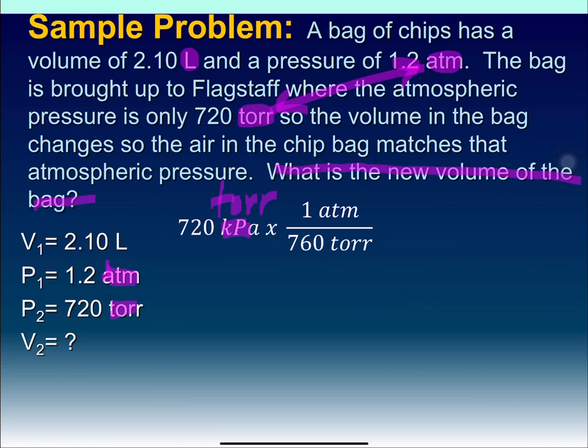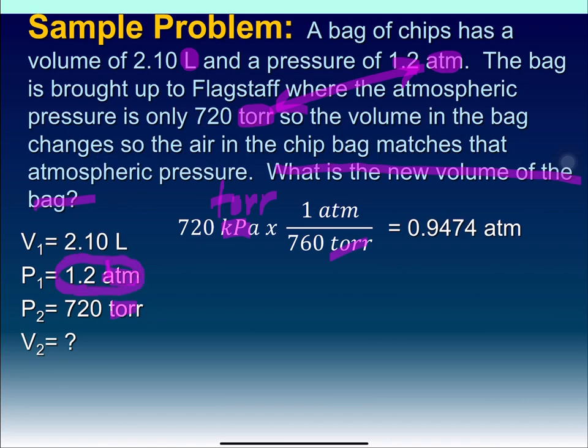720 torr, and I want the units of torr to cancel out, right? Looking back at our conversion factors for pressure, we know that 1 ATM equals 760 torr, and so I divide 720 by 760. Now, when I do that, if I look in the problem here, notice that 1.2 is our least number of sig figs.